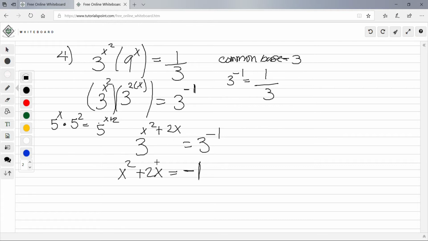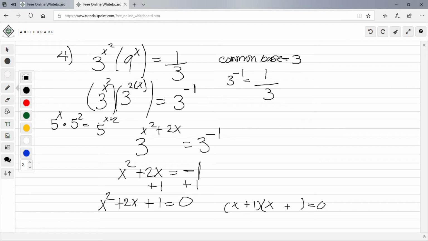We've got to solve for x, so we have to have the right side be 0. I'm going to get rid of this negative 1 by adding 1 to both sides. So this is x squared plus 2x plus 1 equals 0. Then we'll do our simple factoring. So this is (x and x). What two numbers multiply to give positive 1 and add to give positive 2?